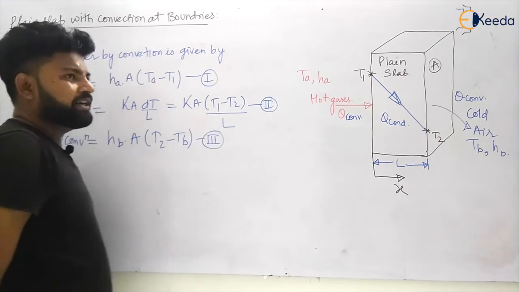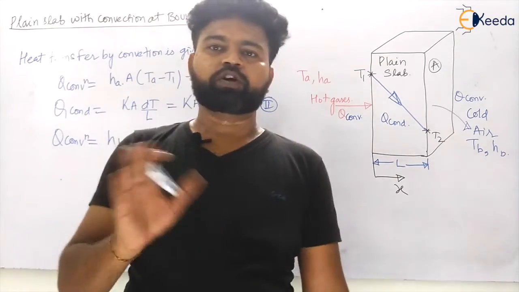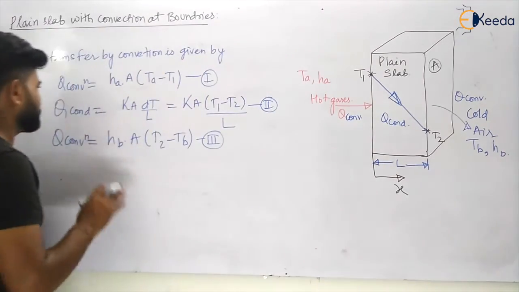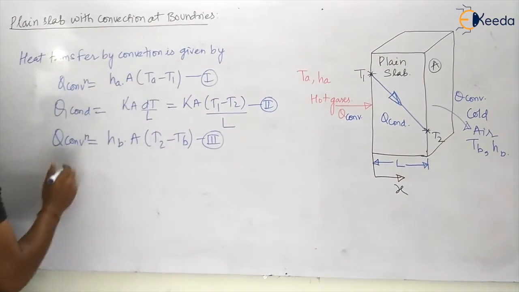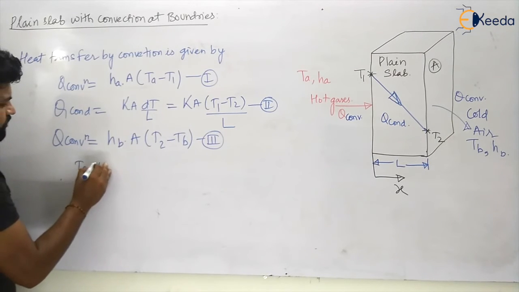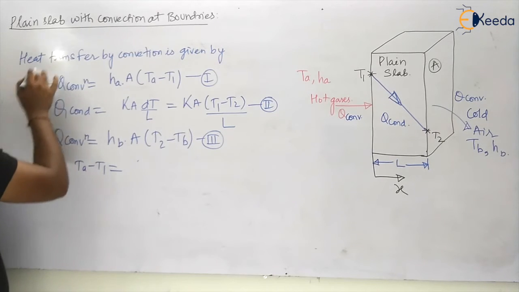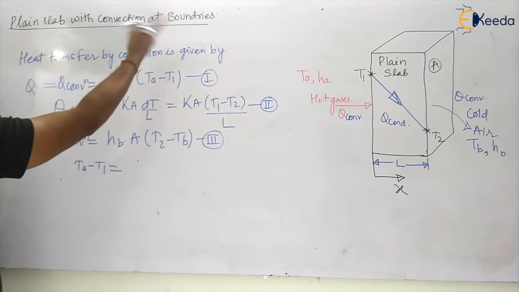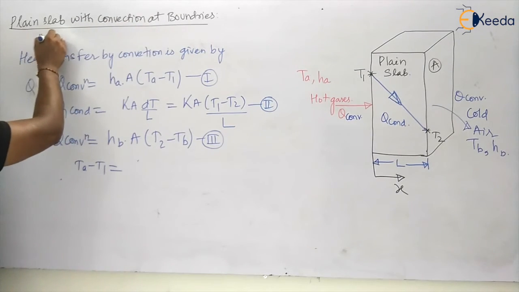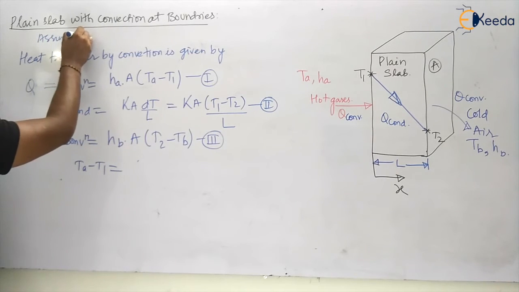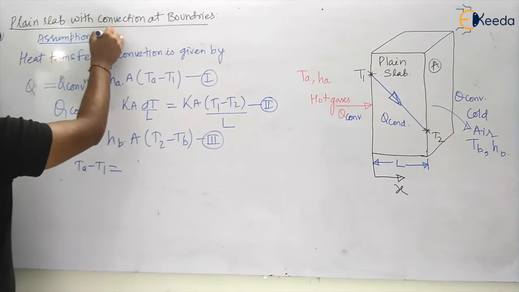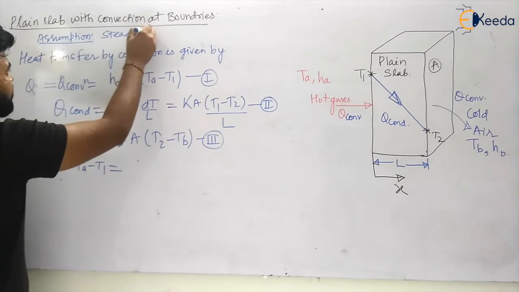Okay. So my dear students, can I have the temperature drop in all the modes of heat transfer? Yes. Can I calculate TA minus T1? Yes. What is TA minus T1, my dear students? It will be Q, because heat transfer is what I am measuring for the plane slab with convection at boundaries. And number one assumption, I have not mentioned, that is steady state heat transfer.